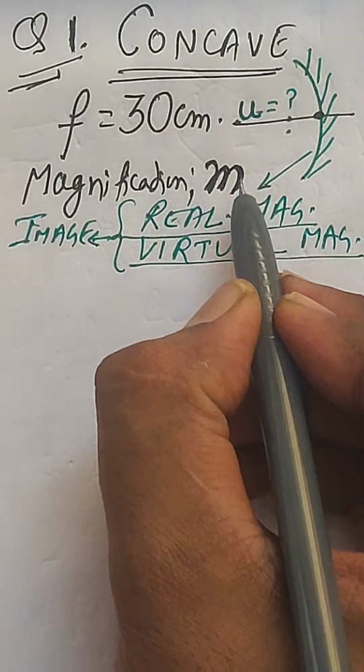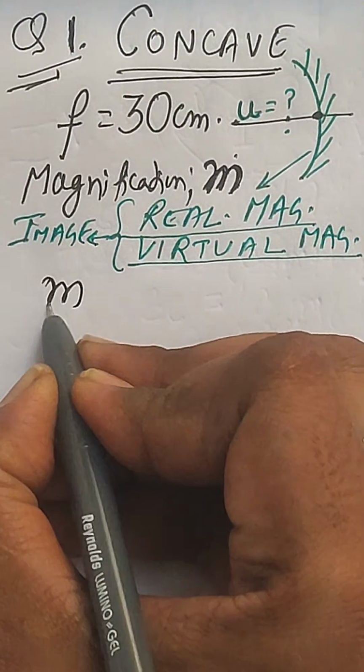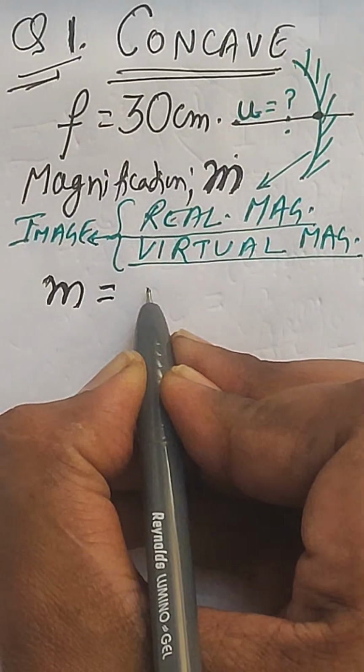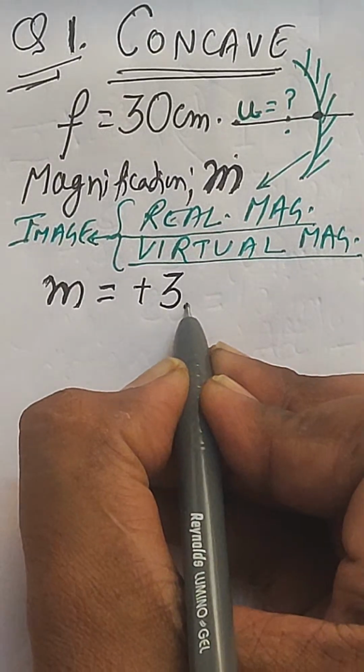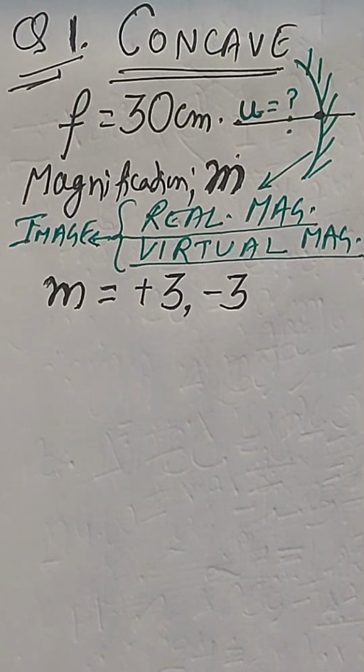The image could be real magnified and virtual magnified. That means the value of m which is given to you is 3, so basically that will be either plus 3 or minus 3.